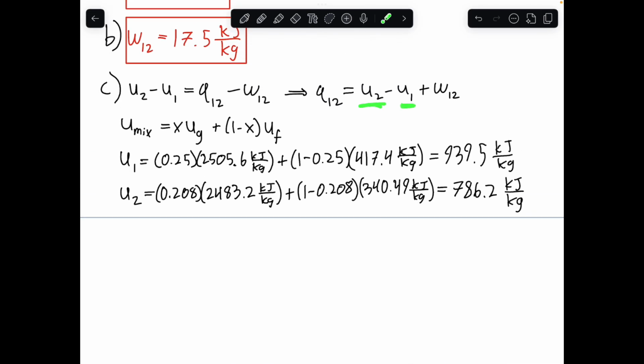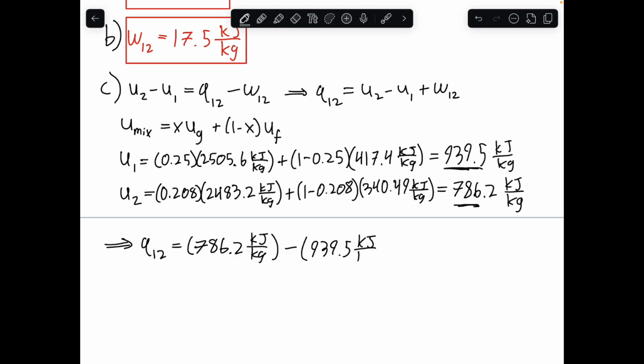We have U2, we have U1, and work from 1 to 2. So we can just simply plug those values in here to solve for the specific heat transfer from 1 to 2. So U2 here is 786.2 kilojoules per kilogram, minus the specific internal energy at state 1, which is this 939.5 kilojoules per kilogram, plus the work from 1 to 2, which up here is this 17.5 kilojoules per kilogram.